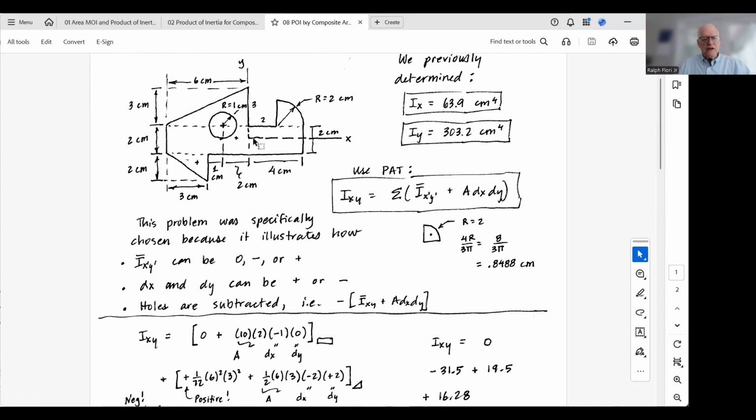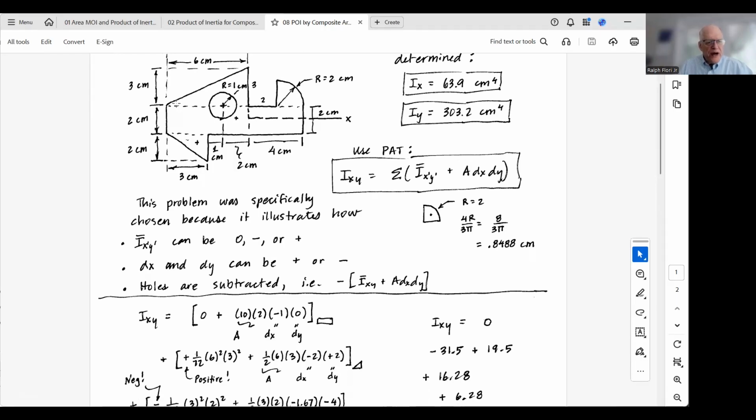And that's true of several of these. And finally, a hole is subtracted. The entire term is subtracted. We don't use a negative area for a hole. We subtract the entire term for the hole. That's how we handle a hole. So each of these terms is going to have positive and negative signs depending on the case. So just pay attention. That's why I chose this problem.